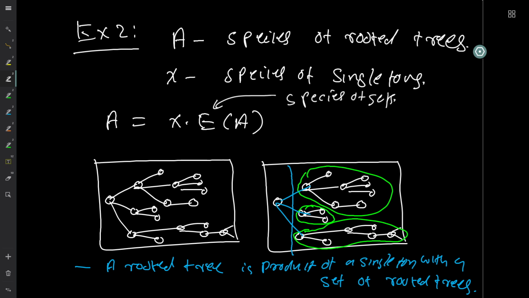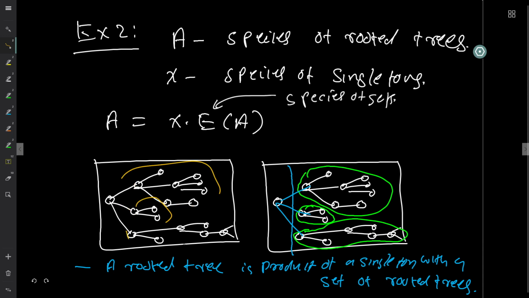Well, just look at the following figure. You have a rooted tree here, where this is the root, let's say. A rooted tree is basically a root, which is a special element, and once you remove the root, you get several subtrees.